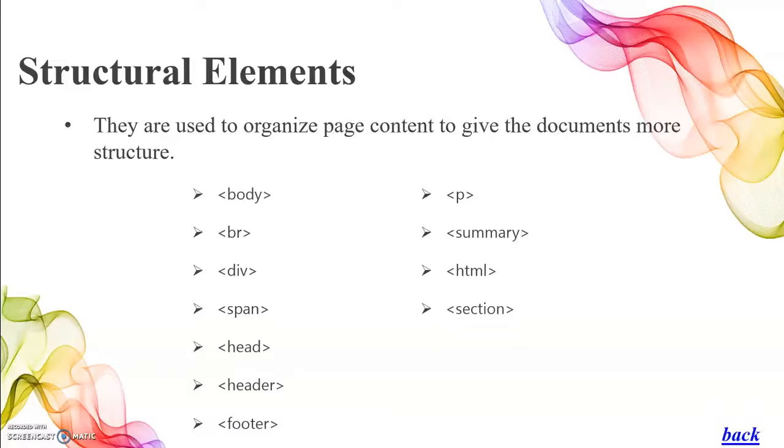It defines a section of a document such as header, footer, etc. HR element. It produces a horizontal line. Nav element. It defines a section of navigation links. And H1 to H6 elements. It defines HTML headings from H1 to H6.